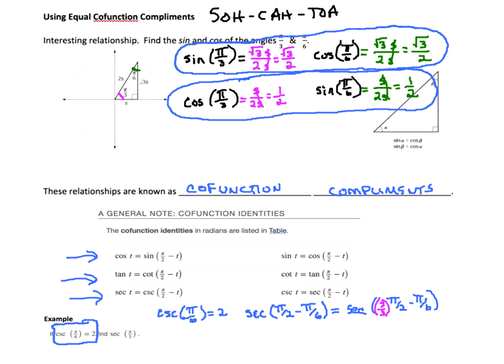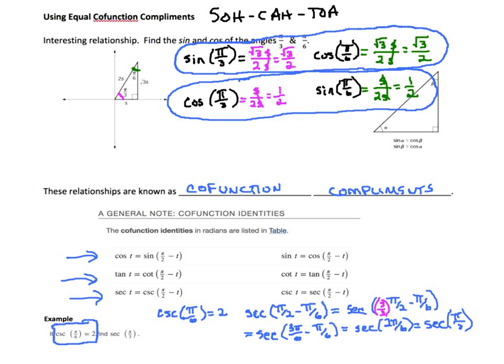And that gives me the secant of 3 pi over 6 minus pi over 6. So that is equal to the secant of 2 pi over 6, which is the same thing as the secant of pi over 3. Okay, now I know.